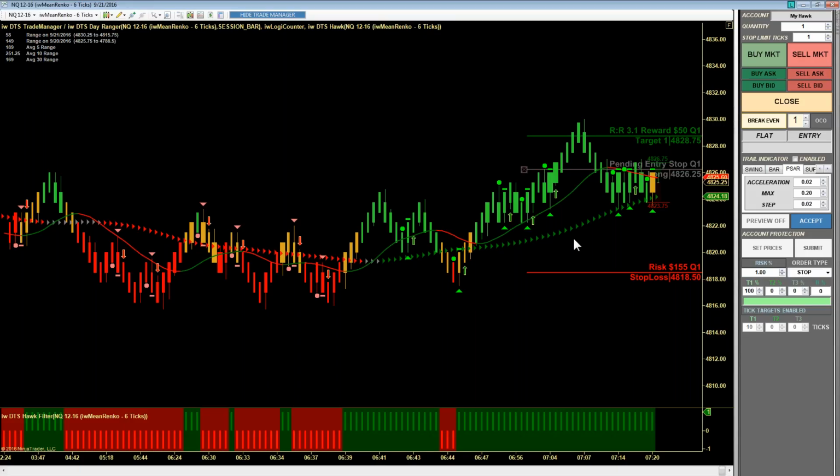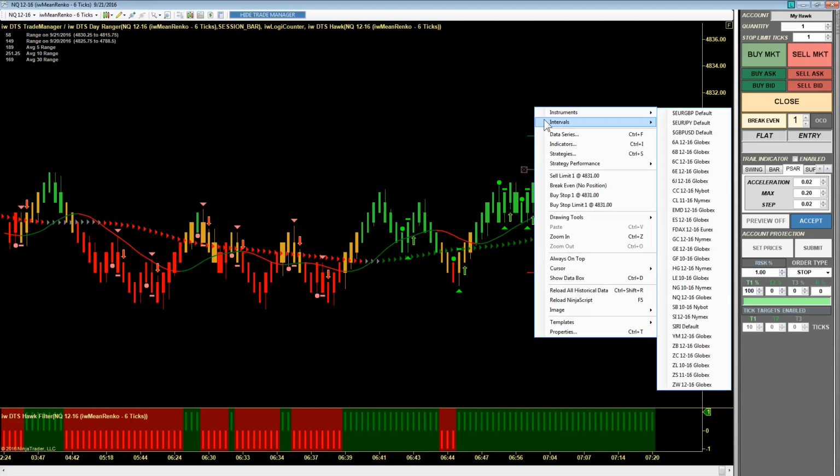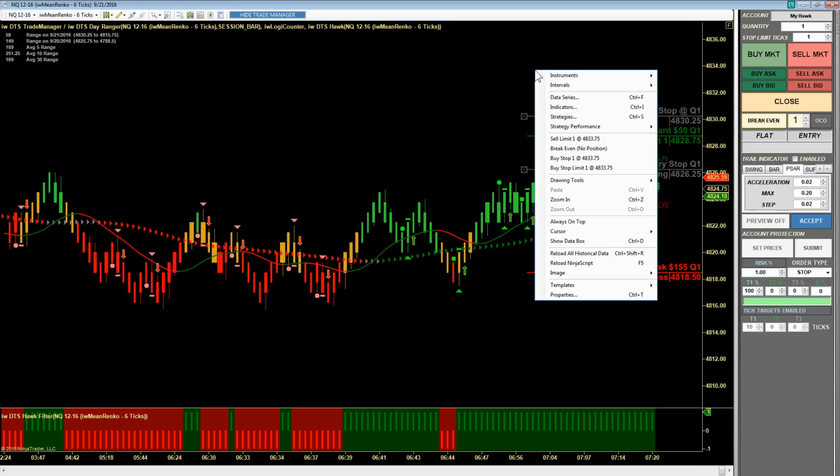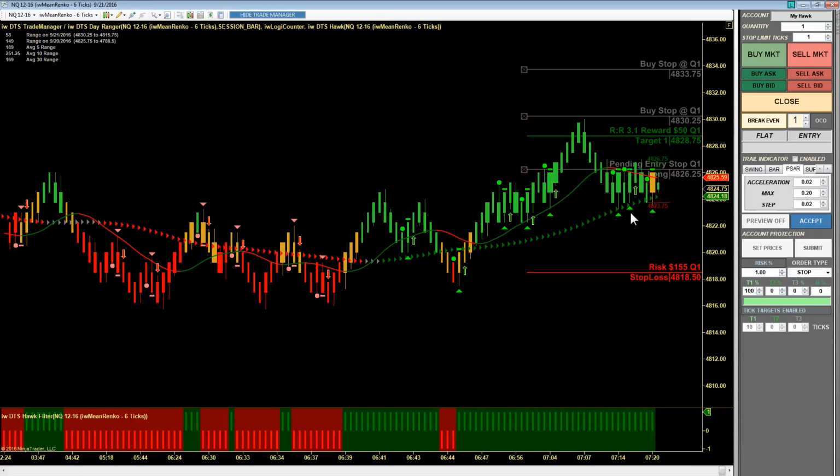All right, well, once that goes live, I can add additional orders either by hitting the buy market button, or I can right-click on my chart, and I can just place a live order on the chart. Trade Manager will adjust your stops relative to how many orders you add.